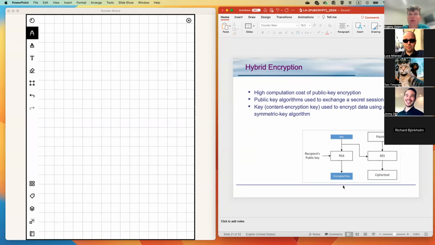So you encode it using public key, and then communicate it to the other end, and then you use this key in the context of symmetric key encryption.